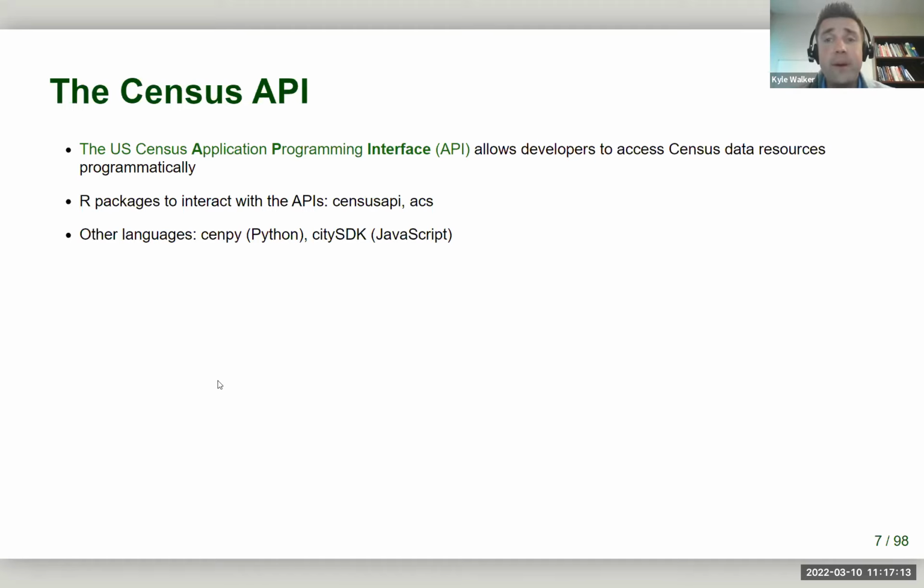The Census API package is a really fantastic package that I use heavily that accesses all of the APIs available from the Census Bureau. We'll be focusing today on my package, Tidycensus, which takes an opinionated approach to accessing a select number of census APIs. If you program in other languages, the CenPy package in Python is great for working with census data in Python. And then there's the City SDK package in JavaScript for accessing the APIs.